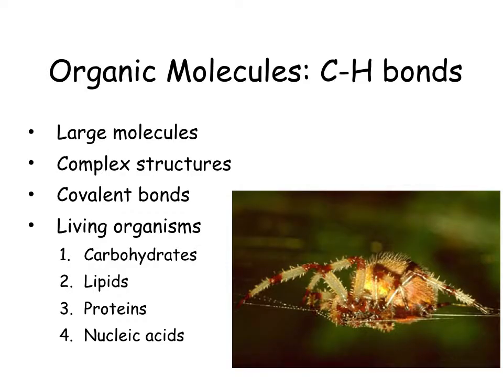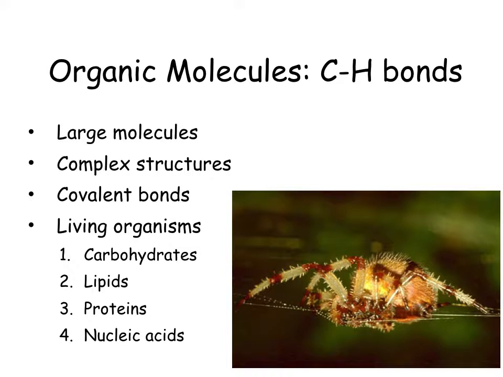Okay. In addition to water molecules, some of the other most important molecules in human beings are what are called organic molecules. They have bonds between carbon and hydrogen atoms, and these are covalent bonds that link carbon after carbon after carbon to not only other carbons but hydrogens.